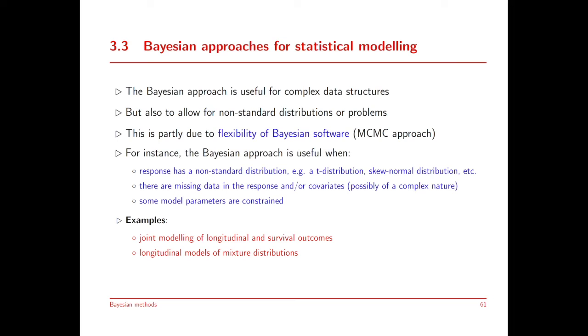So we can easily deal with a situation where the response has a non-standard distribution like the t-distribution or a skew normal distribution, or when there are missing data in the response and covariates, or when some model parameters are constrained. This is no difficulty when you use Bayesian software. And Bayesian software is actually the preferred software when you do joint modeling of longitudinal and survival outcomes and longitudinal models of mixture distributions.